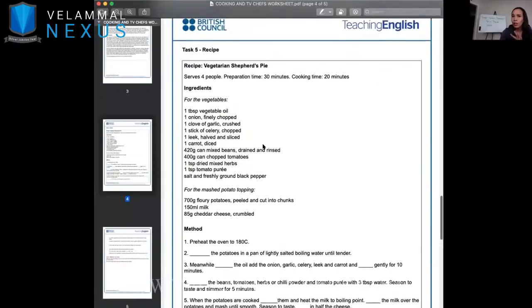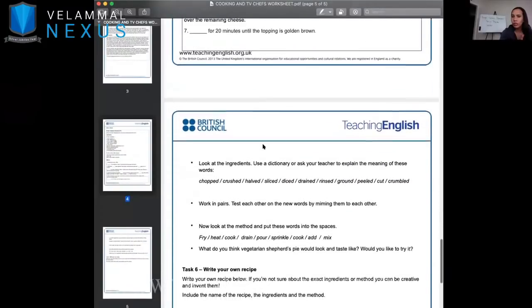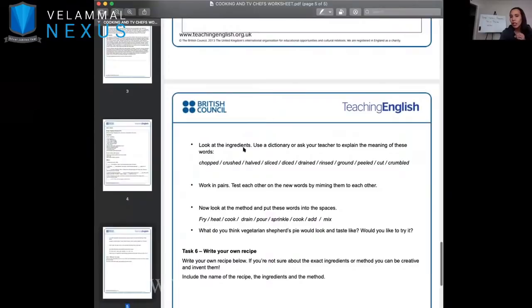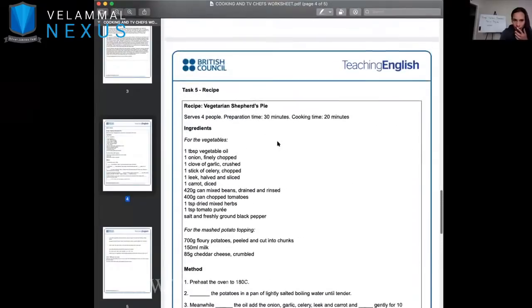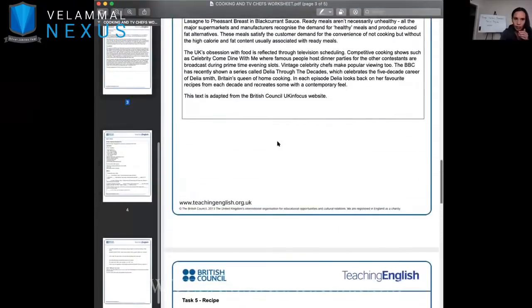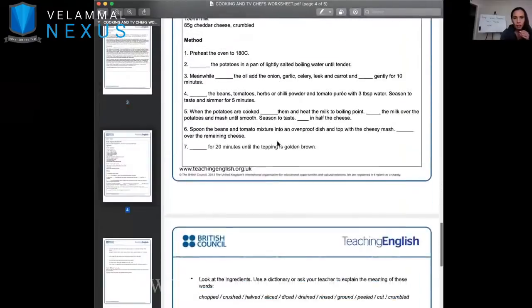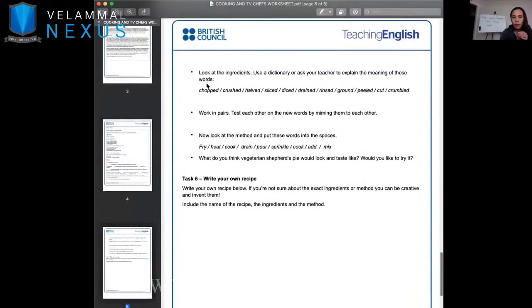Try to complete this on your own. I think it'd be really good, especially this here, the fill in the blanks. And here, very important. Of course, when it says work in pairs or something like that, we know that you cannot do that, so don't worry about that.